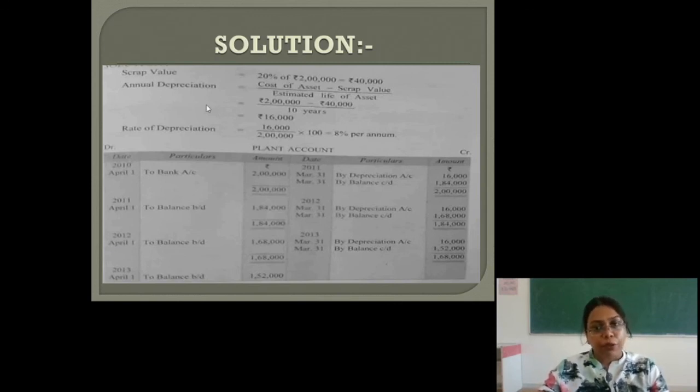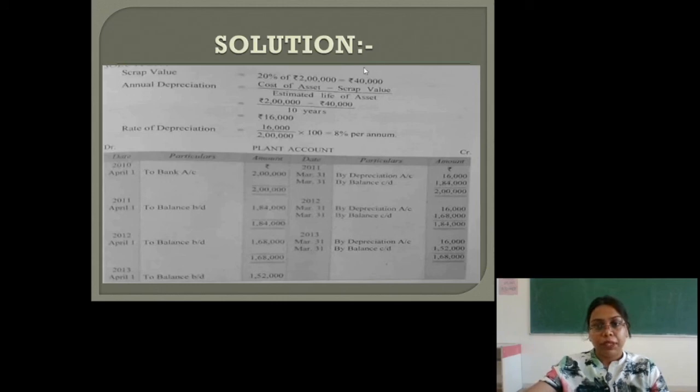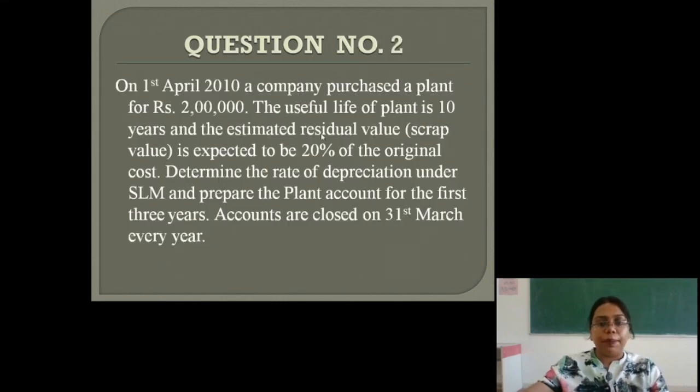Now we will have to determine the amount of depreciation. Again, we'll put the same formula for taking out the amount of depreciation. Annual depreciation equals original cost of the asset minus scrap value divided by estimated life. So the original cost of the asset is 2 lakh, the scrap value we have calculated is 40,000, and the estimated life will be 10 years.